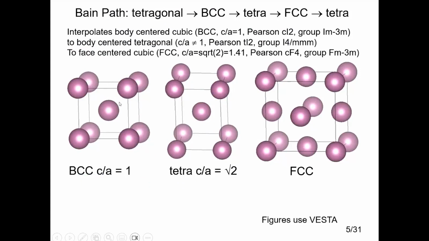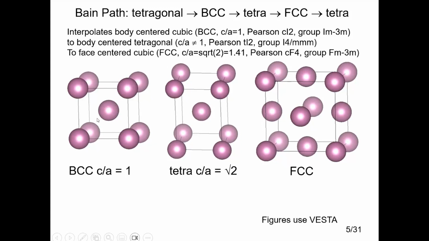So you could start, say, with a body-centered cubic structure, and you could squish it so that the c/a ratio was less than 1. So it would be short and fat. And that would destroy the cubic symmetry, but leave the fourfold axis. So it would be tetragonal. In particular, it would be what we call a tI2 structure, 2 because there are 2 atoms per tetragonal unit cell.